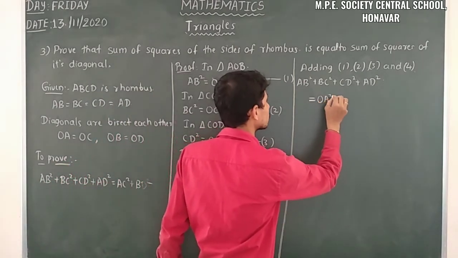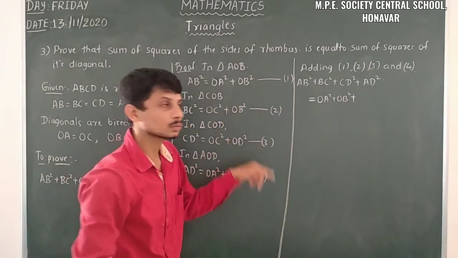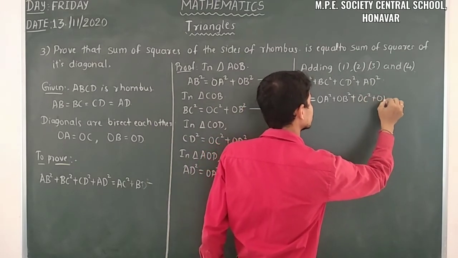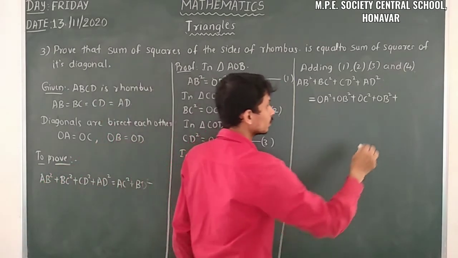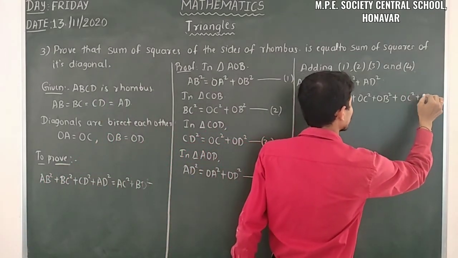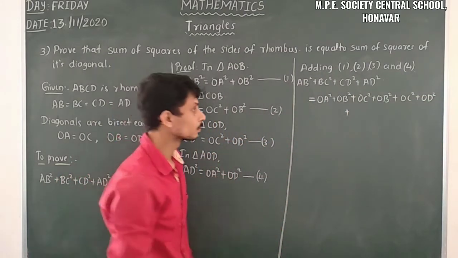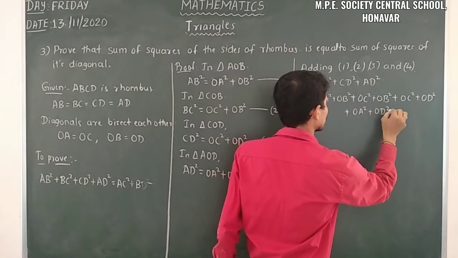First thing OA square plus OB square, plus in second OC square plus OB square, then OC square plus OD square, plus OA square plus OD square.